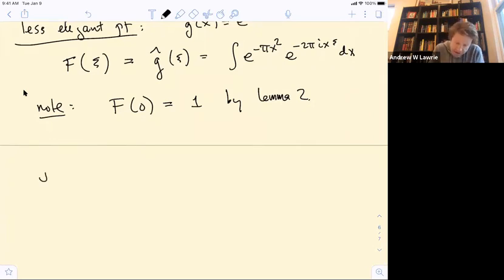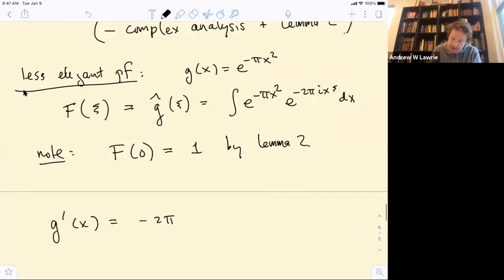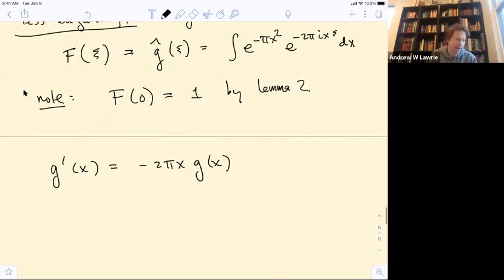So g prime of x is equal to minus 2 pi x times g of x. Taking the derivative of the Gaussian function, I just get the Gaussian times minus 2 pi x back again.